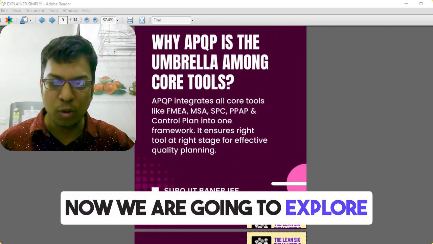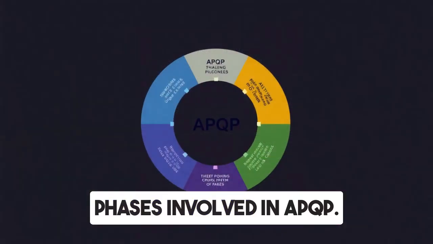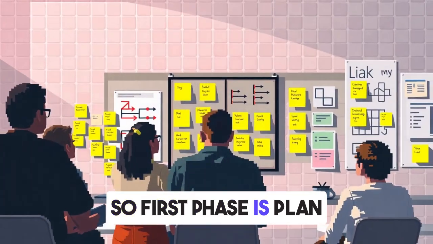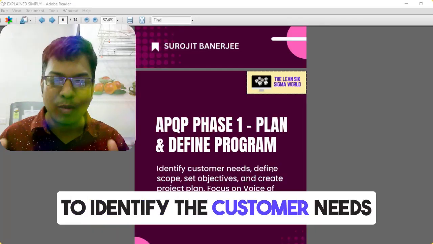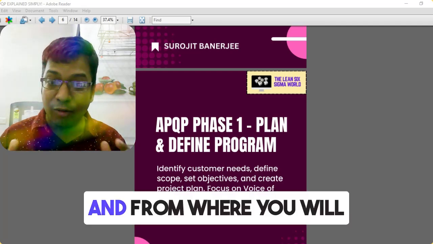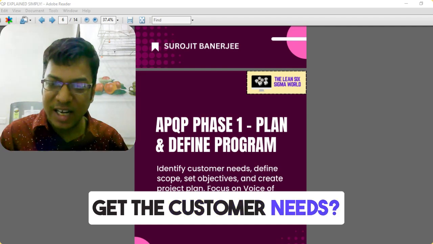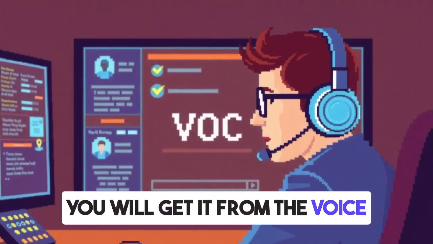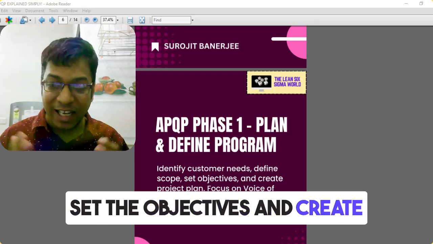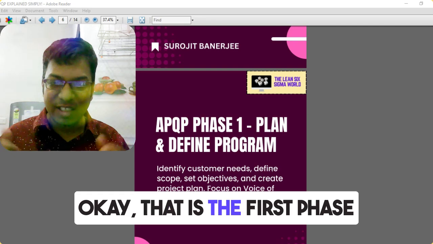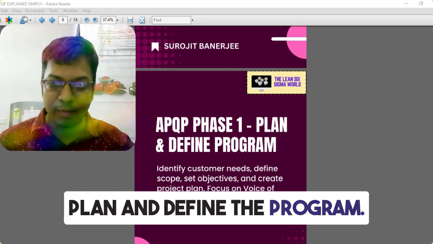Now, we're going to explore the 5 different phases involved in APQP. So the first phase is plan and define the program. First of all, you need to identify the customer needs. And where will you get the customer needs? You will get them from the voice of customer, VOC. Now define the scope, set the objectives, and create the project plan. Okay, that is the first phase, plan and define the program.